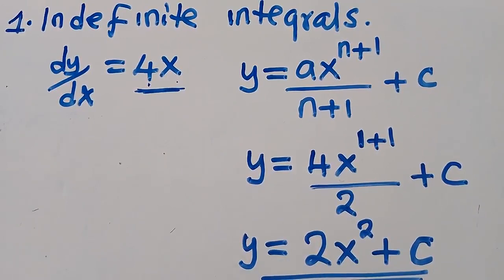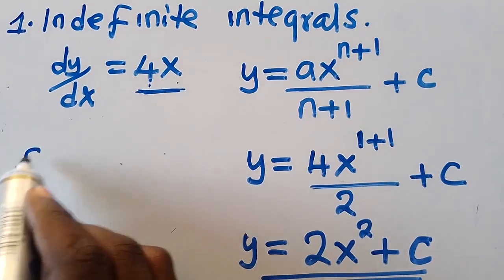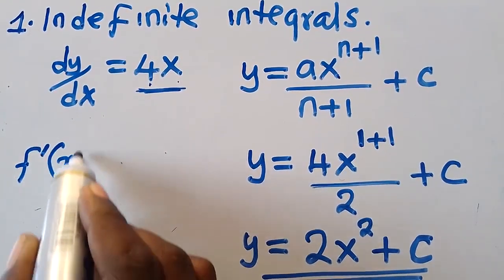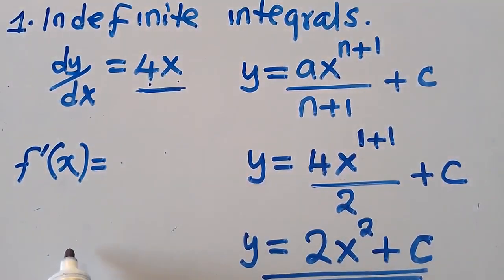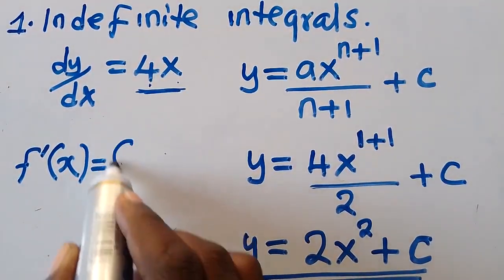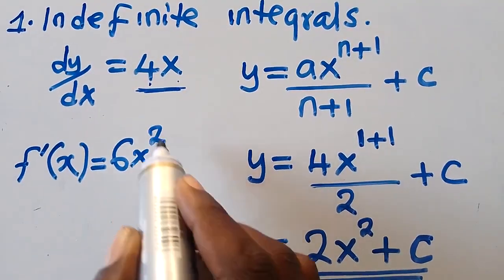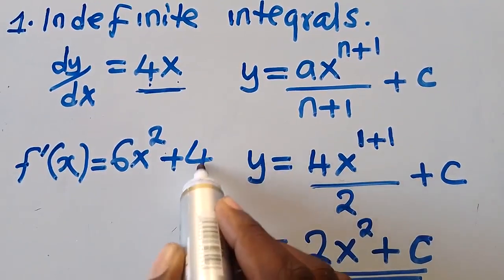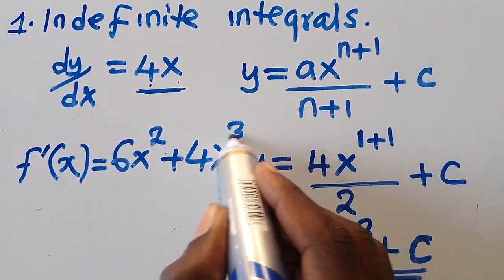Let me put another function. So what if you are told to integrate something like, they will say f prime, like this, then they will say this is equal to. They can put something like this, then plus 4x cubed.